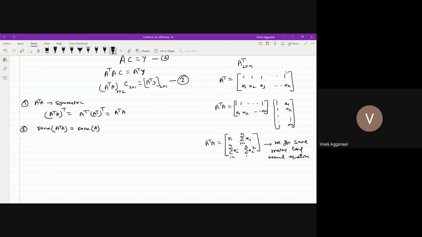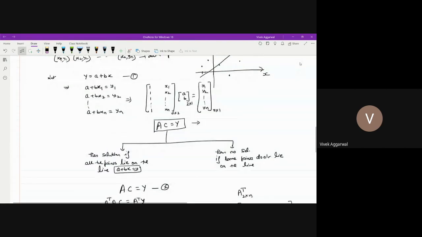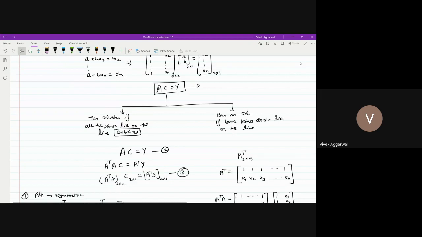If you see, the matrix A is this, and if I reduce this into the echelon form, now if all the points are the same, only then its rank is going to be 1. Otherwise, if we get a few points that are different, then definitely this matrix is going to have rank 2.